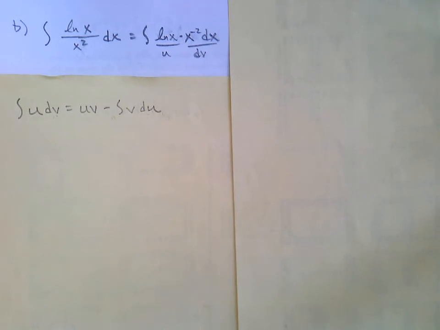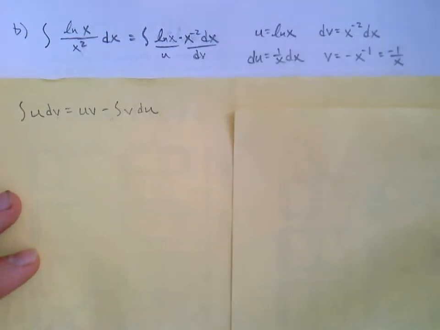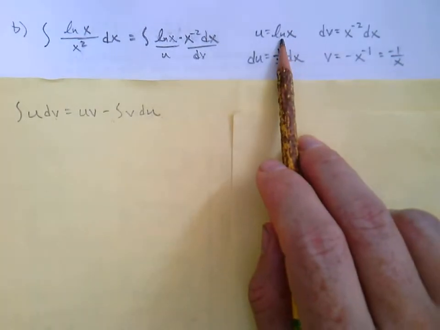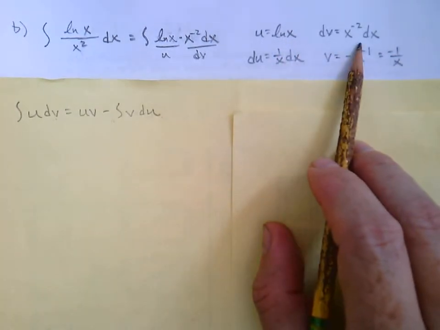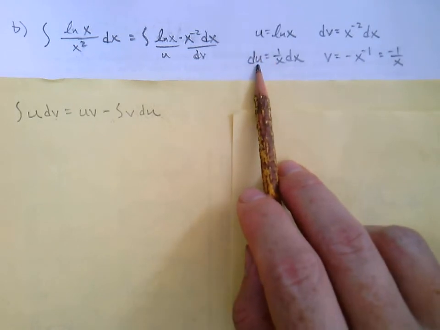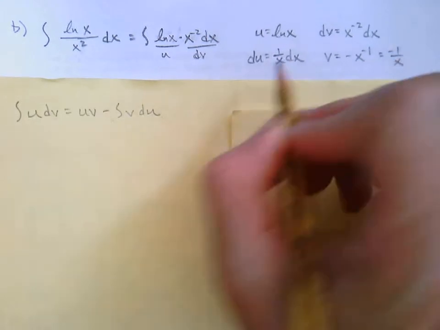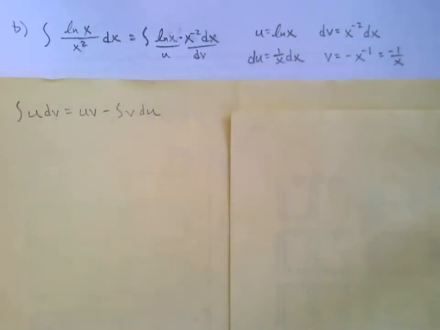Okay, here we go. Taking u as natural log x and dv as x to the negative 2 dx, I've got it all laid out here for us. So u equals natural log x, dv equals x to the negative 2 dx. All right, then what is du? Well, take a derivative, and hopefully you remember the derivative of natural log x is 1 over x dx.